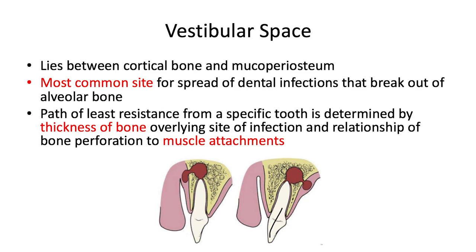This tooth that's more proclined has less resistance going palatally, so it travels, again, the path of least resistance. The bone is less thick in that direction. And muscle attachments like the mentalis or other muscles that we're going to be talking about later can contribute to limiting that spread of infection and creating boundaries for that infection that make it harder to cross over.